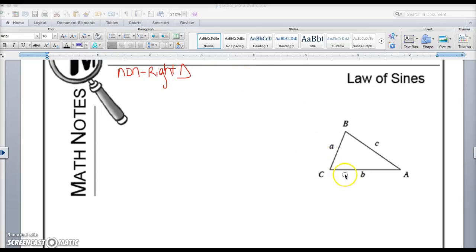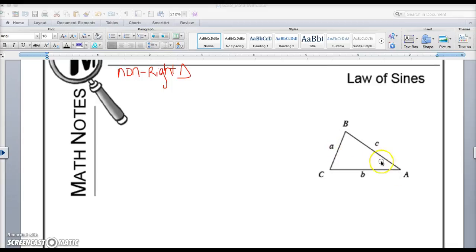I want you to notice the way the triangles are labeled. The vertices are labeled with capital letters, A, B, and C. The side lengths are labeled with lowercase letters. And this is so very important for the formula. If you don't know this, you're going to get things mixed up in the formula.